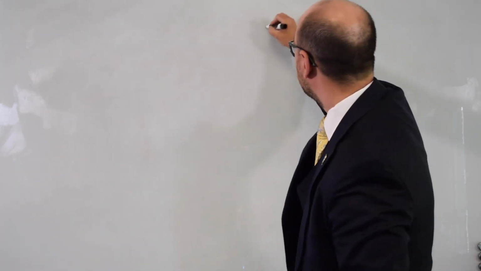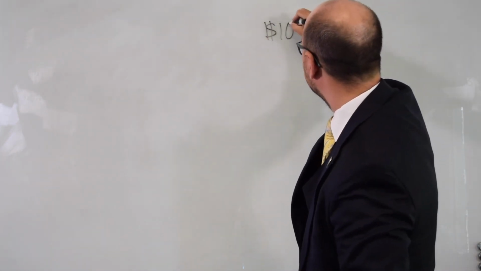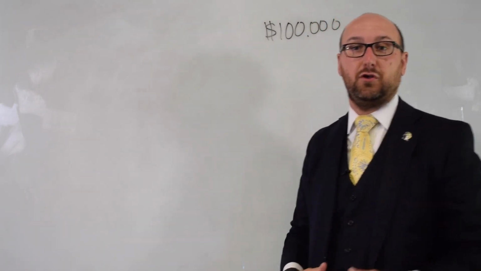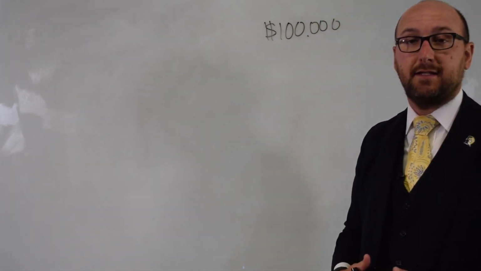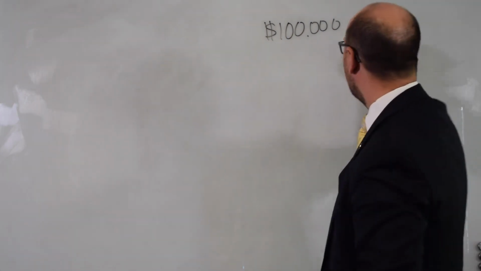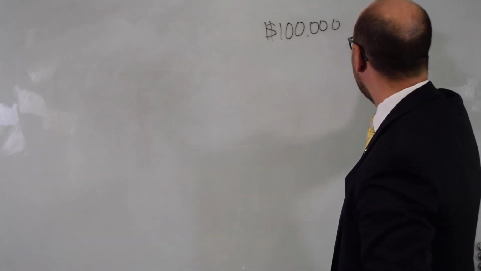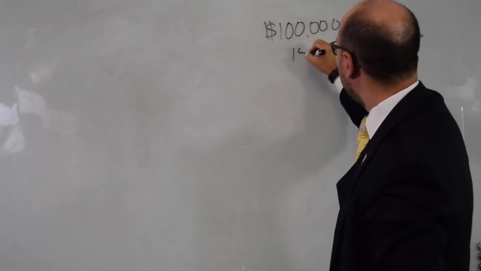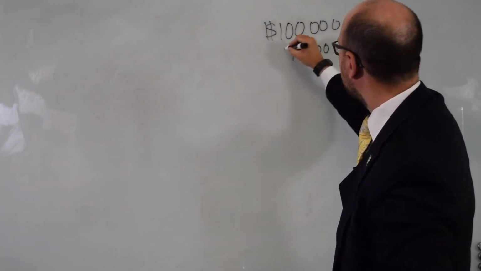Let's use an example. Let's say you make $100,000 a year. We know with that $100,000 a year, some of it's going to go to taxes. In this scenario, let's say it's 15% of taxes. Or in other words, $15,000.